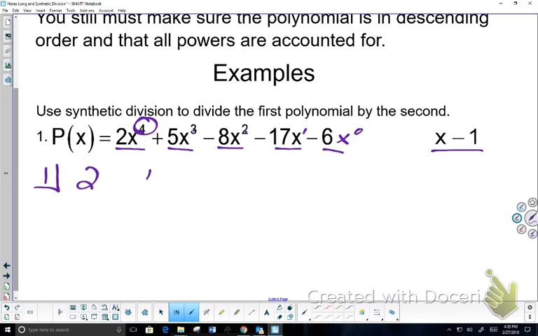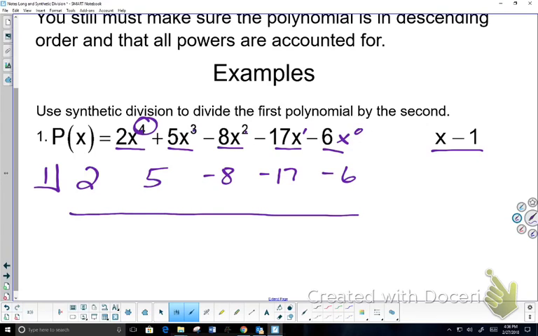All I'm interested in is writing the coefficients. Make sure that you pay attention to the signs. If there's a negative, you need to make sure you write it. So our first step is going to be to automatically bring down the first term. After that, I'm going to do 1 times 2, which is 2, and I'm going to put it right here. 5 combined with 2 is 7.